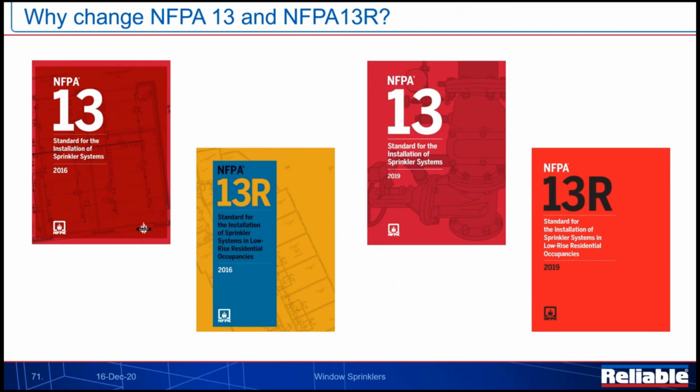We have the ICC-ES report to help clarify using it with IBC, and NFPA 13 isn't a roadblock anymore for our newer standards. So window sprinklers are just continually getting more adoption and more visibility, and allowing the architects to realize their vision using glazing in their properties.